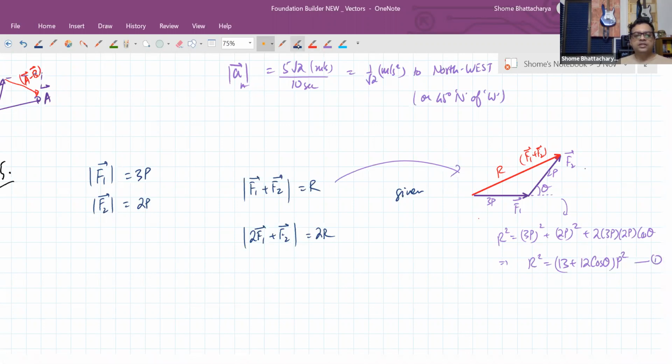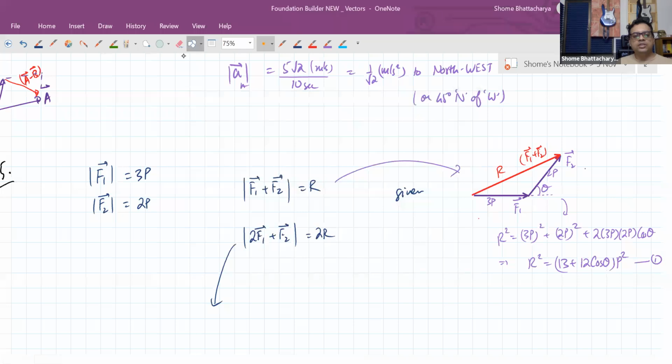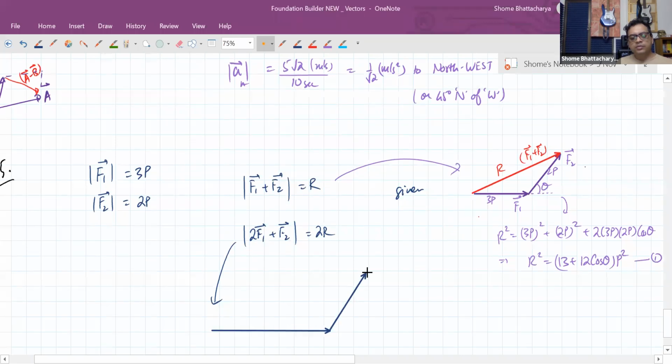Now let's understand what we'll get from this. So if we make a vector diagram now for this resultant, you will see that 2F1 will be in the same direction as F1, but it will have double the magnitude. So this will be the vector 2F1.